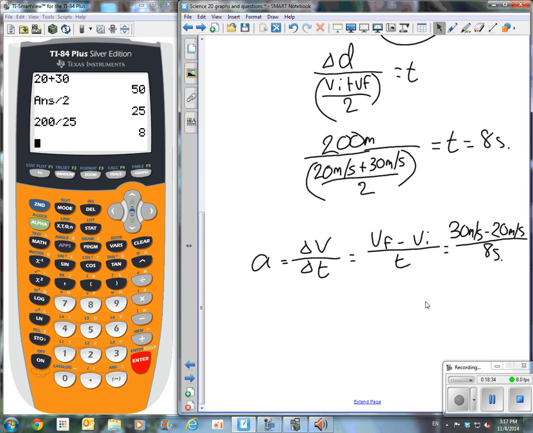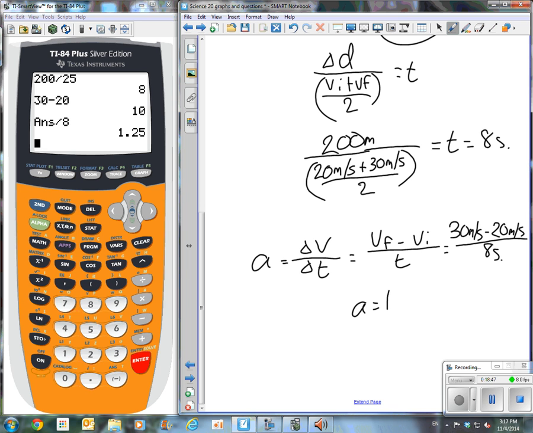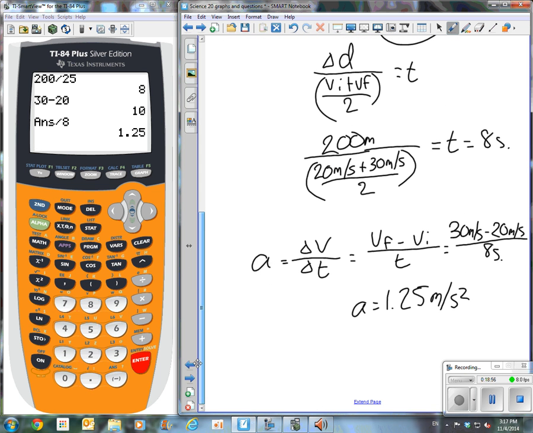Let's just do the calculation. 30 minus 20 gives me 10, divided by 8, so 1.25. So an acceleration of 1.25 meters per second squared. And the direction on this, because acceleration is a vector, is west.